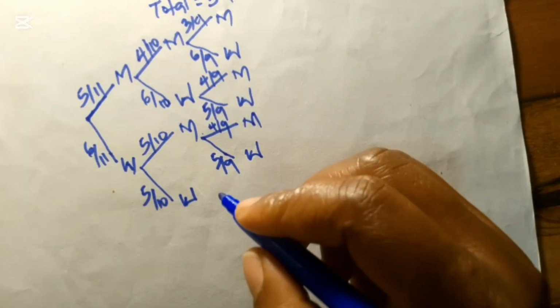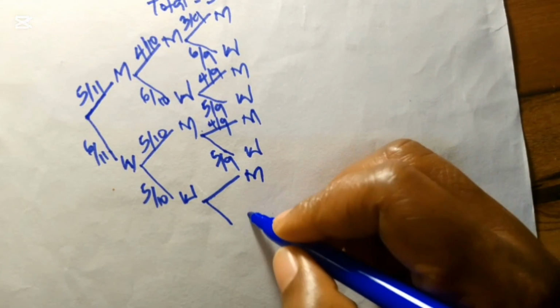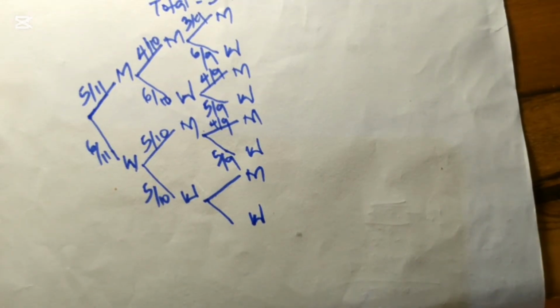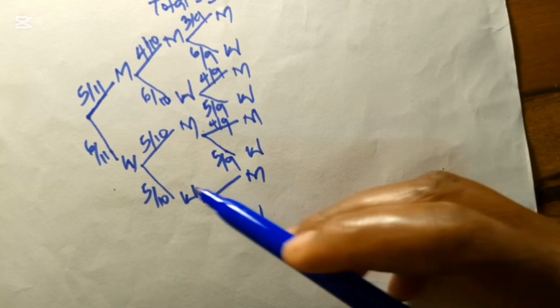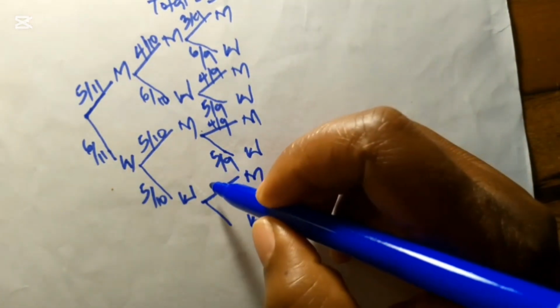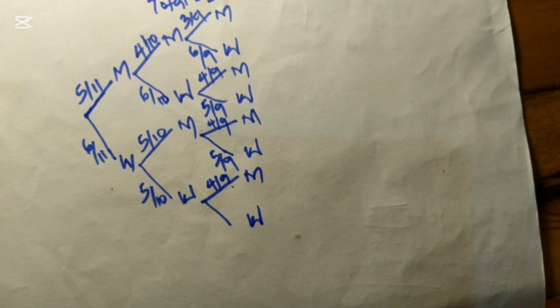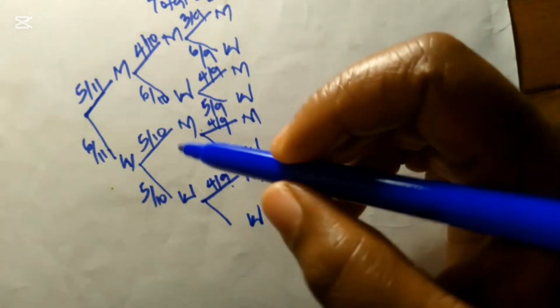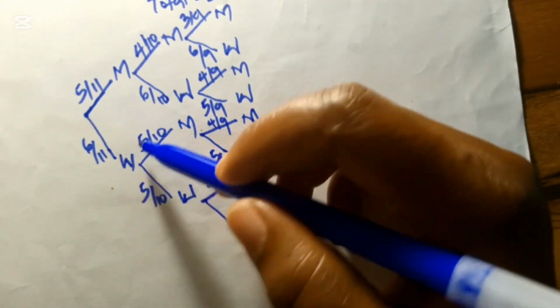Yes, let us proceed to the last one. A man and a woman. Yes, in this case no man is picked, but a man was picked from that point, so we have 4/9. And then in this case men are 5 from this.